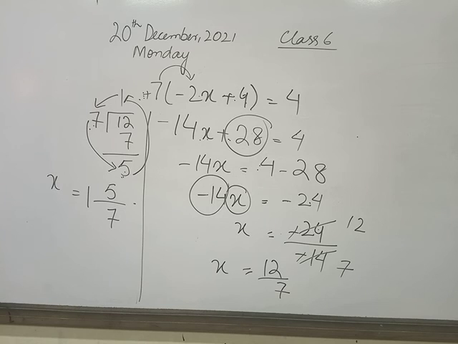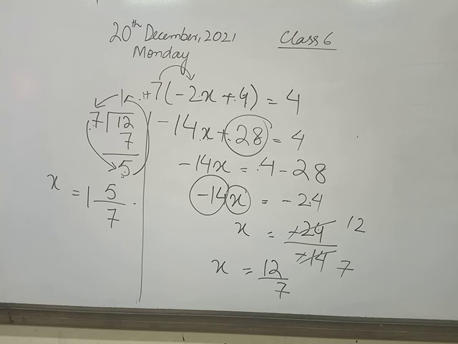So minus 14x equals minus 24, because 4 minus 28 is 24. With 4 we have a plus sign and with 28 we have a negative sign. We subtract the numbers but write the sign of the greater number. Here 28 is the greater number, and the sign with 28 is minus. So I am going to write minus here.